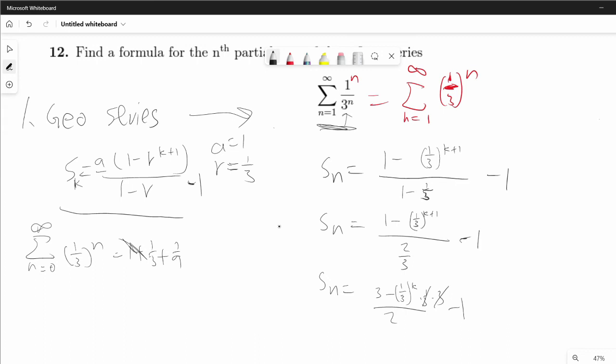Now I'm gonna bring the 1 up, the 1 that we subtracted from the sum earlier. So we have 3 minus 1/3 to the k, or it should be n, I plug n for k for all of the above. Minus 2, right? I'm bringing the 1 up.